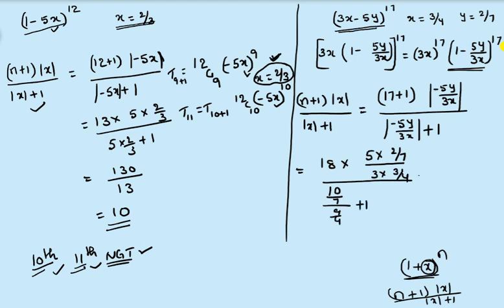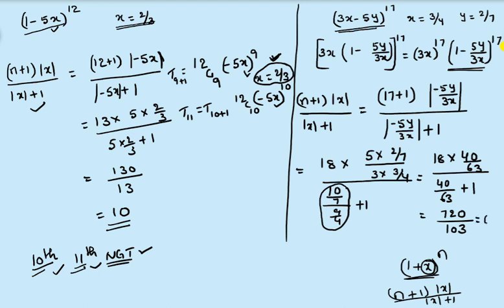Now that further simplification we can do as 18 into 40/63 divided by 40/63 plus 1. Now further simplification, 720 divided by 103.